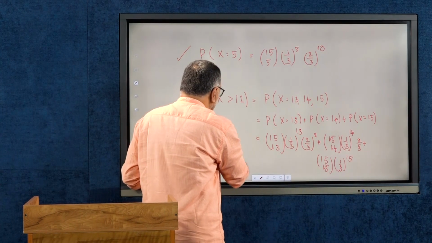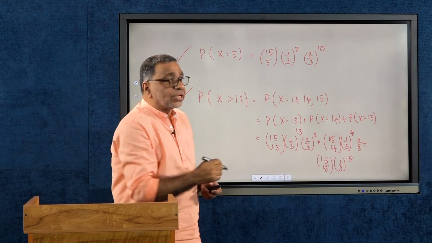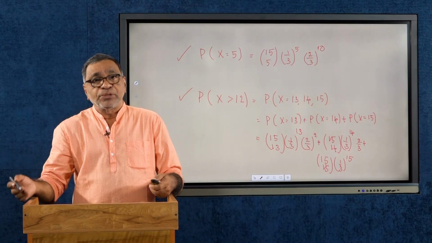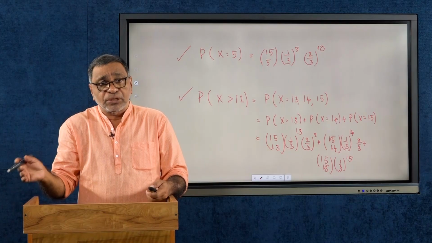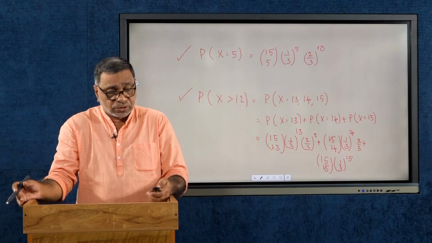So, this is the probability of X greater than 12, which means probability of getting more than 12 orange seeds.